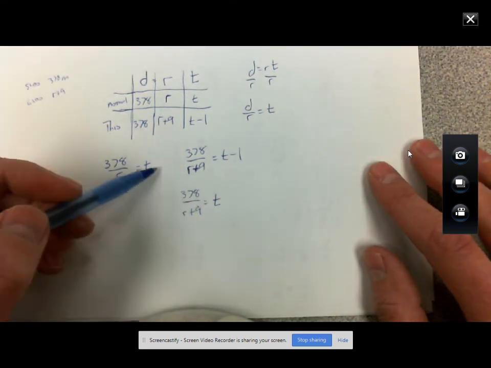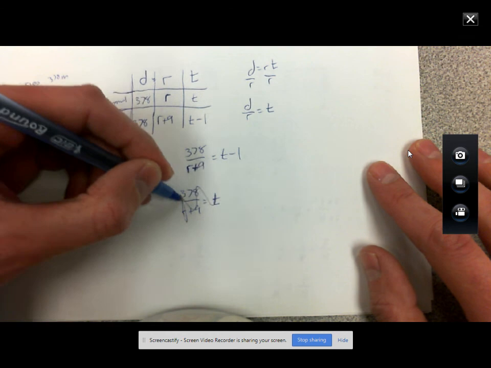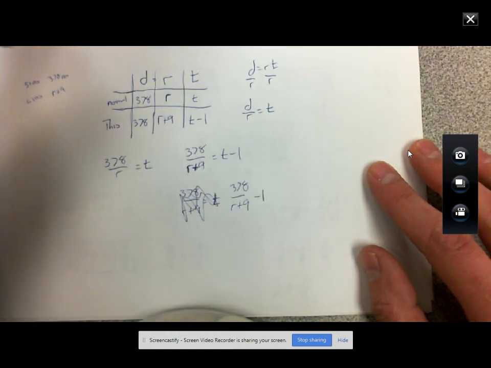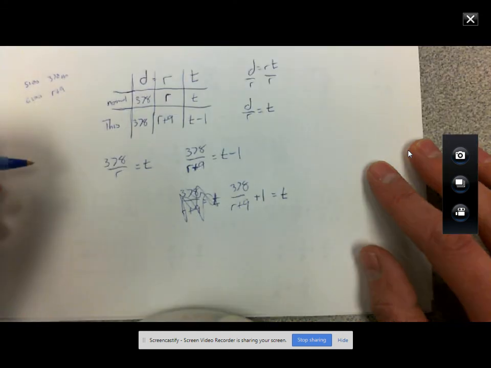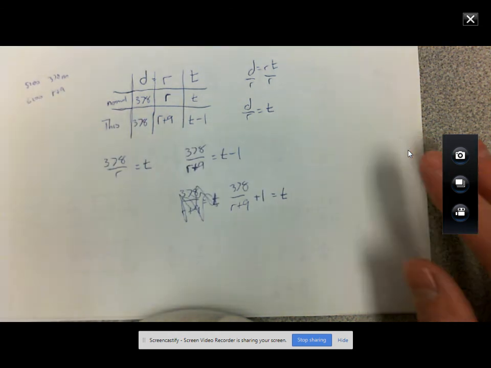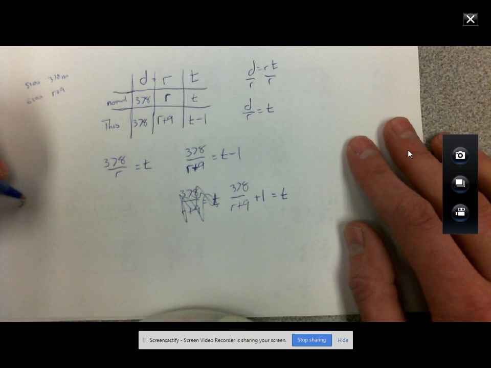Now that they are both equal, sorry, and I didn't write the minus 1, I'm sorry. I got distracted by myself. 378 over rate plus 9 minus 1 plus 1 equals time. There we go. Okay. So now they're both equal to t. I'm going to set them equal to each other. I'm actually going to grab a different piece of paper for this because I think I'm going to run out of room.